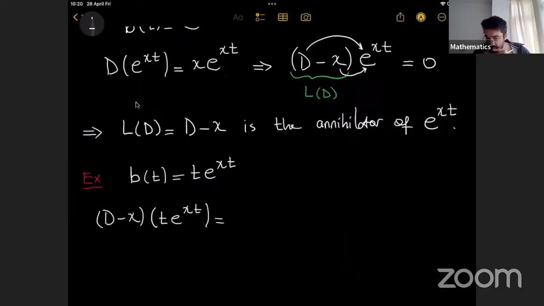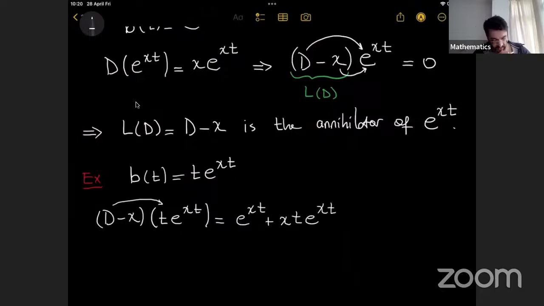You will get, you first apply the derivative. It's going to be e to the lambda t plus lambda times t times e to the lambda t.